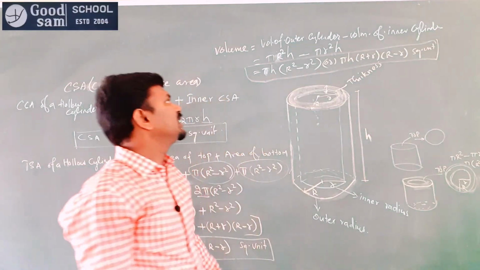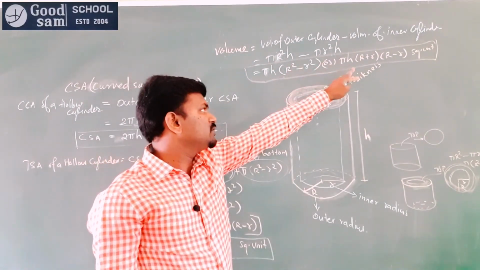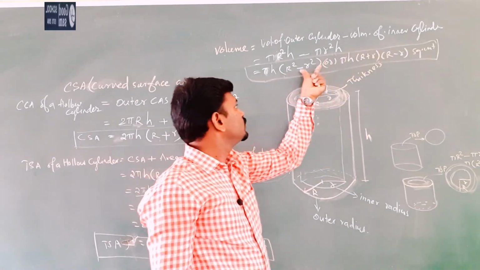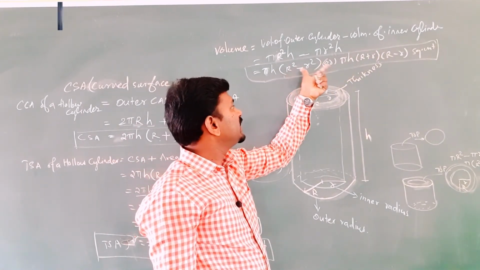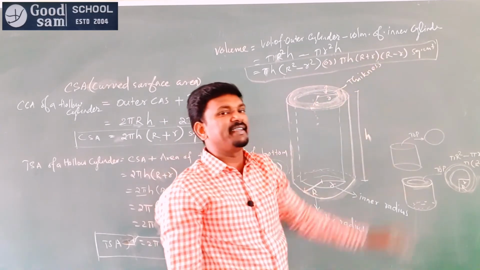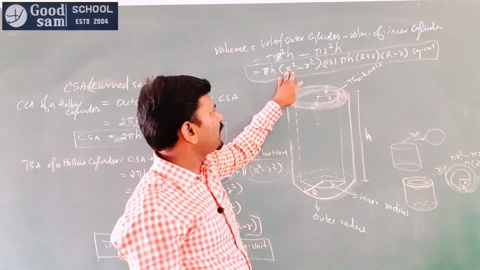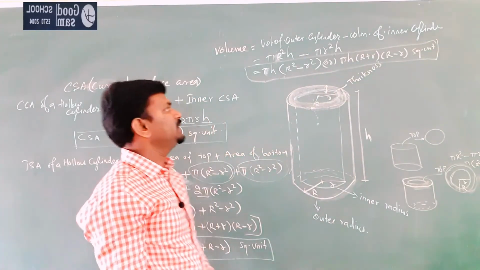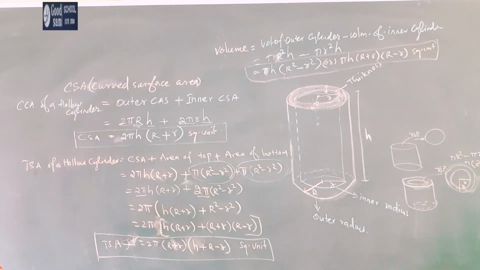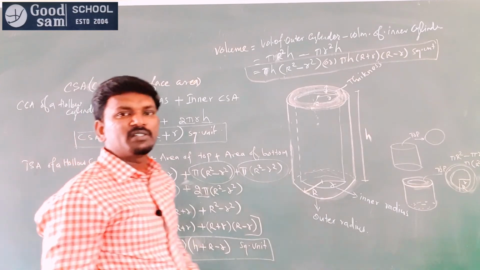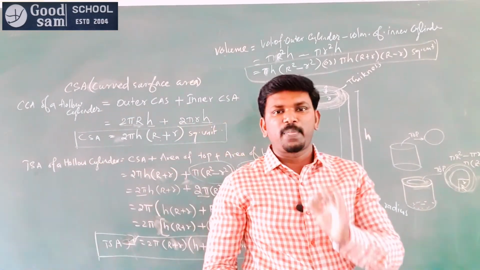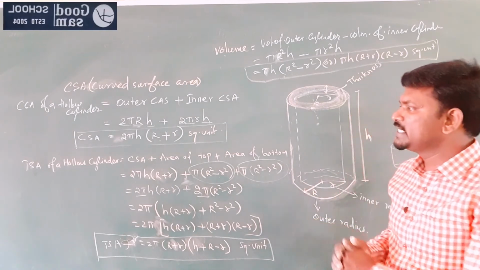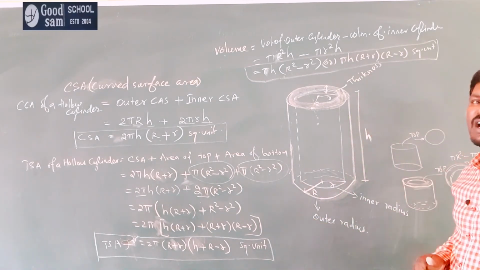Volume of hollow cylinder. Or you can use that method. What we have done is we have used the identity a square minus b square equals (a plus b)(a minus b) here. So this is the simple formula, or you can write it like this and multiply. So these are the three formulas of a hollow cylinder: CSA, TSA, and volume of a hollow cylinder.